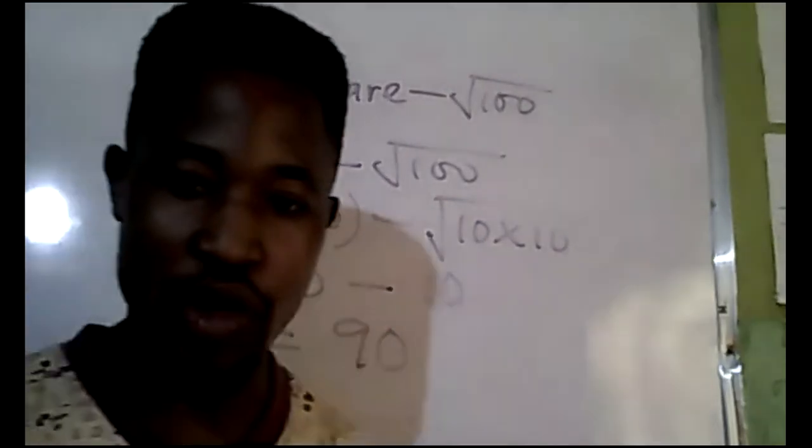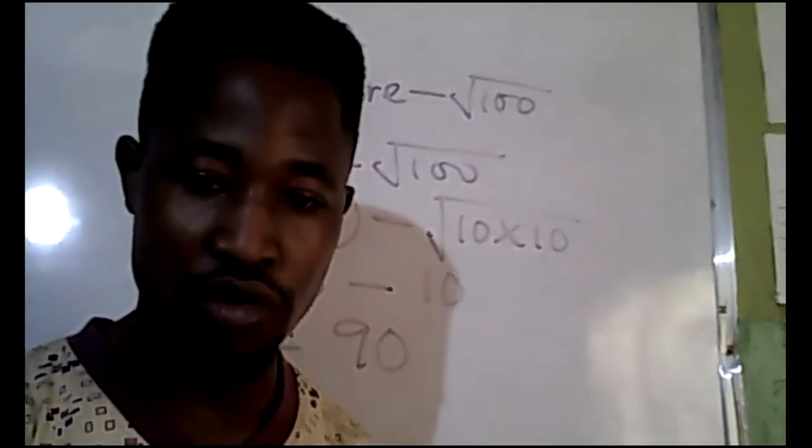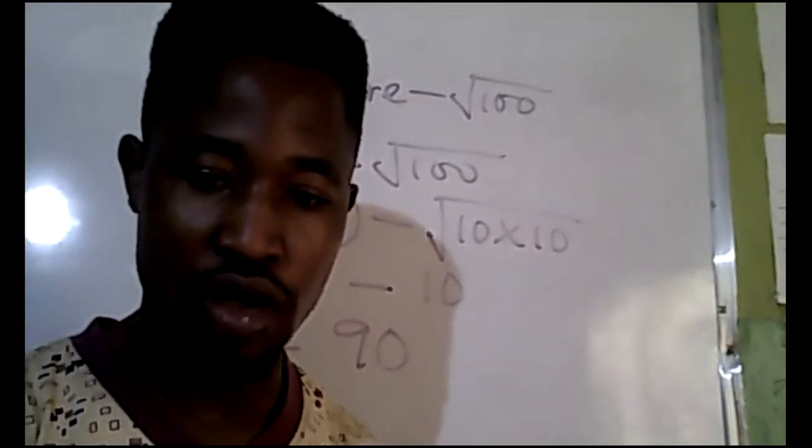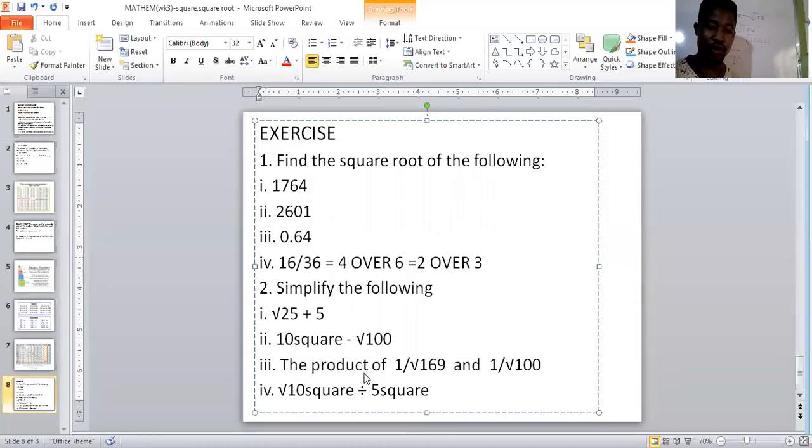Let's go to the next question. Are you following? The next question says, the product of 1 over square root of 169 and 1 over square root of 100. Let me write the question before we solve it. Product means multiplication.